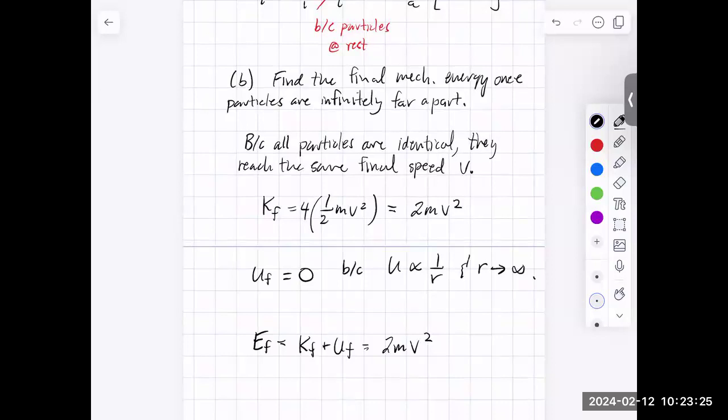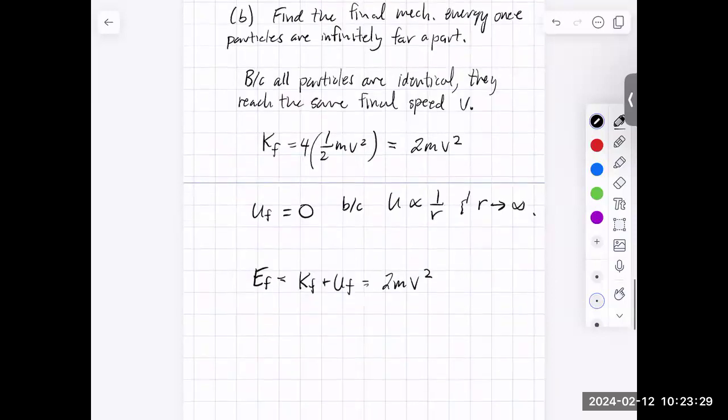Okay, so the last part of this problem is just to find the final speed. Well, that's just conservation of energy.